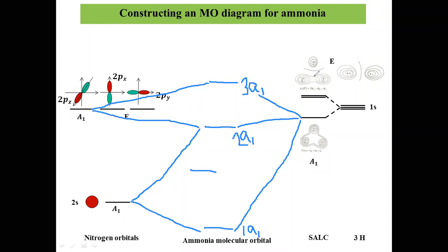Now for anti-bonding, when I go this minus this, this flips around. So I'm going to have a combination where this is plus, this is minus, but when you go with the minus combination, it flips around, this is minus, this is plus. So that is going to have the shape.